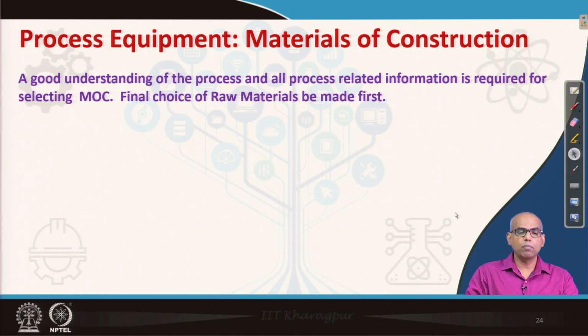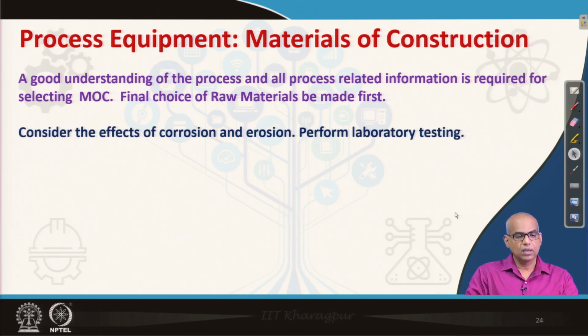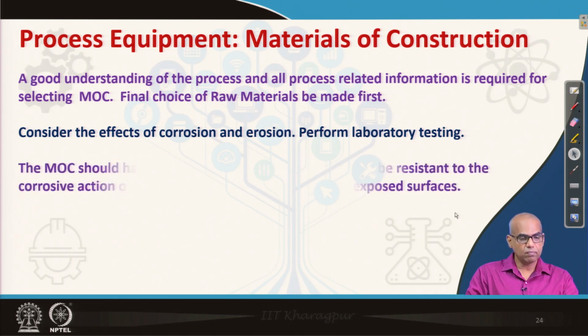Now, let us quickly talk about materials of construction for process equipment. A good understanding of the process and all process related information is required for selecting materials of construction. Final choice of raw materials must be made first before you try to select the materials of construction. Consider the effects of corrosion and erosion, perform laboratory testing if necessary.